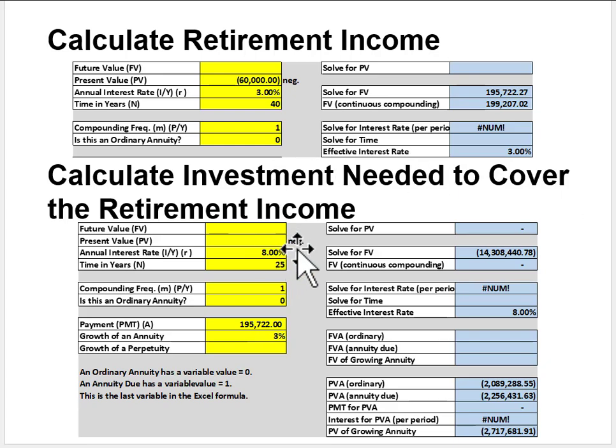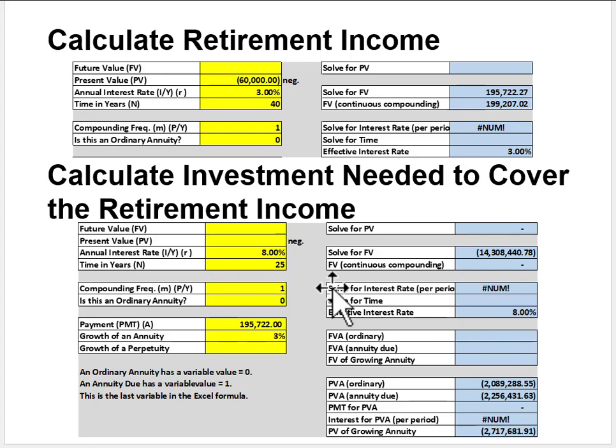So what we're going to assume is during retirement, you can get 8% on your money, a little bit less than before retirement. Let's assume that you predict you're going to retire at 65 and you need money till you turn 90, for 25 years. Compounding frequency is 1. The payment, you're going to receive $195,000 a year. And let's also take a look and see what will happen with inflation.